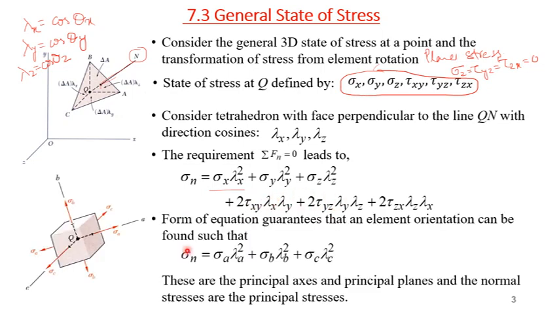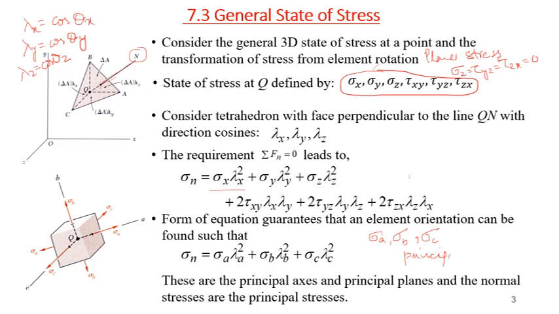So this equation reduces to sigma a lambda a square plus sigma b lambda b square plus sigma c lambda c square, where sigma a, b, c are my principal stresses, and lambda a, lambda b, and lambda c are the direction cosines of that normal with respect to my principal planes.